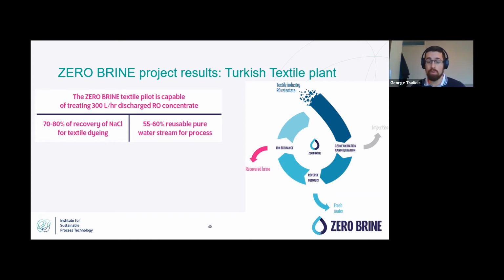And then an ion exchange unit is going to recover a solution rich in sodium chloride. In this case, again, like in all the other cases, the fresh water is aimed to replace feed water, and then the sodium chloride, or the recovered brine, can replace salt that is used in textile dyeing.